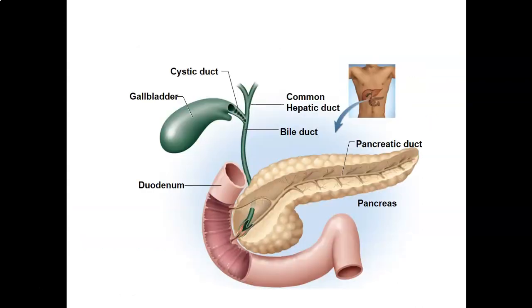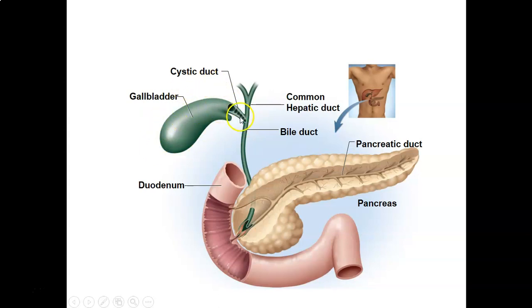So this diagram is similar to the one I showed you a few slides ago, but it has some more things labeled. After the bile is produced in the liver, it's carried through little bile ductules, and then they're going to combine together eventually to what's called the common hepatic duct. And that common hepatic duct is then going to be merged with the cystic duct, and the bile can be stored in the gallbladder until it needs to be released.